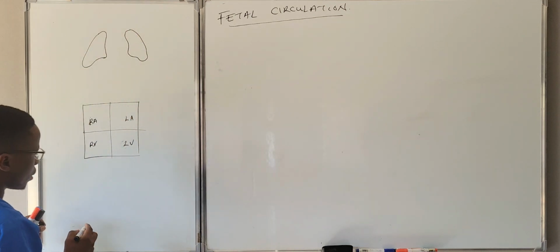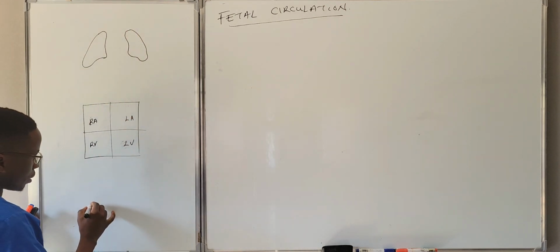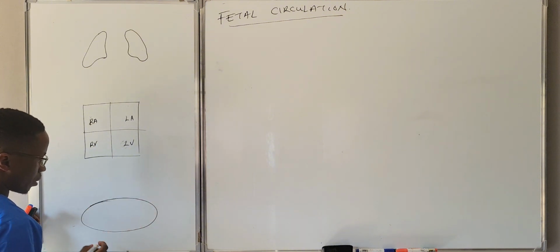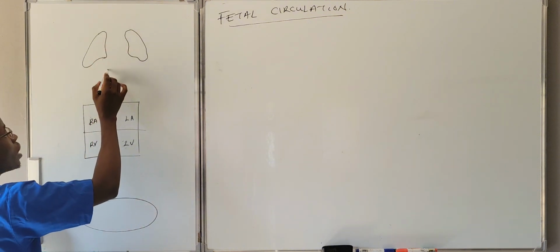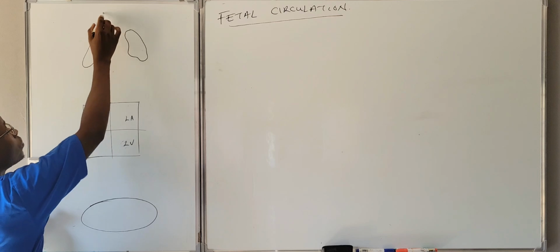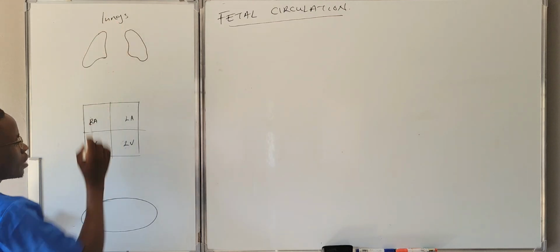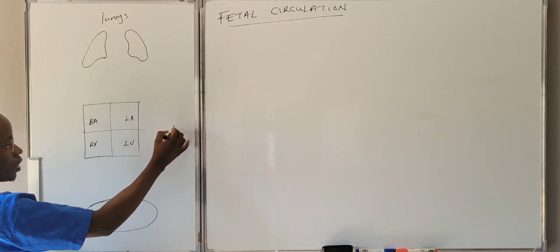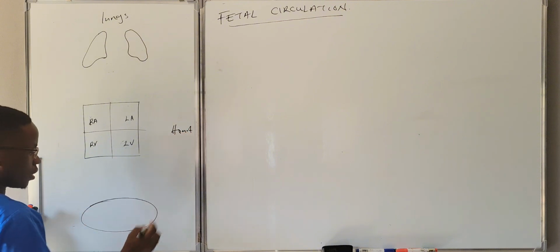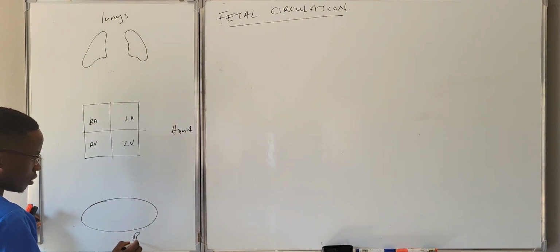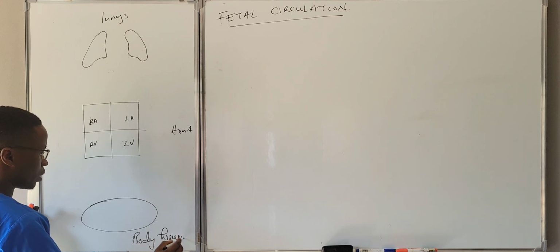We have the lungs here, and we have the body tissues here. This way, we have the lungs there, and then we have, of course, the heart, and then we do have the body tissues, the rest of the body, right?